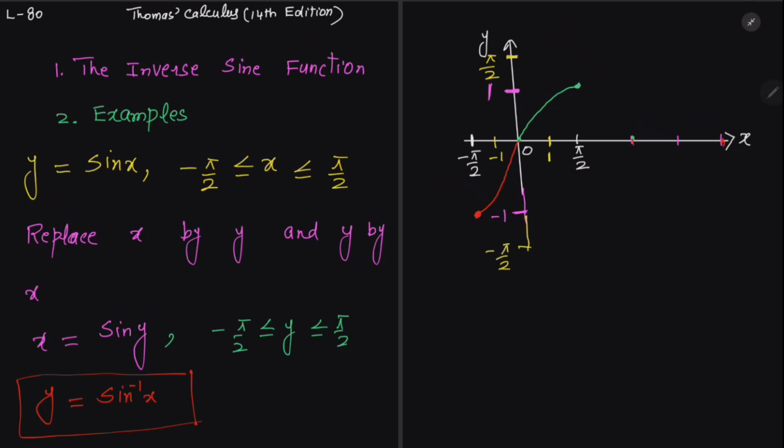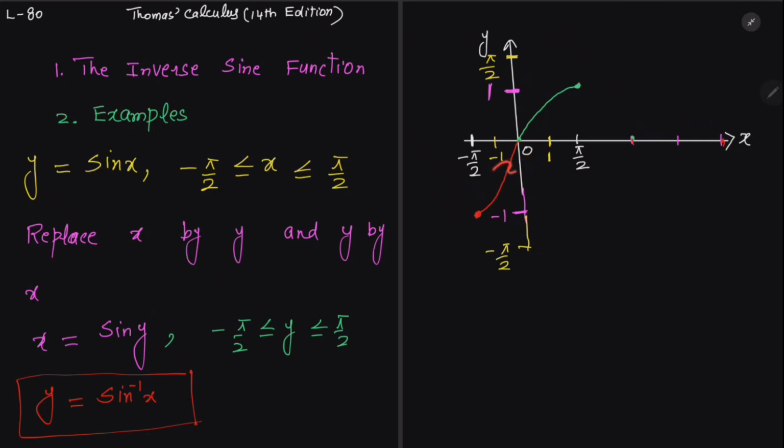You can see that these two values, minus 1 to 1, are the range for y is equal to sine x, and minus pi by 2 to pi by 2 is the domain for sine inverse x, and minus 1 to 1 is the domain for sine inverse x. As we know that we have to change the values for x and y.